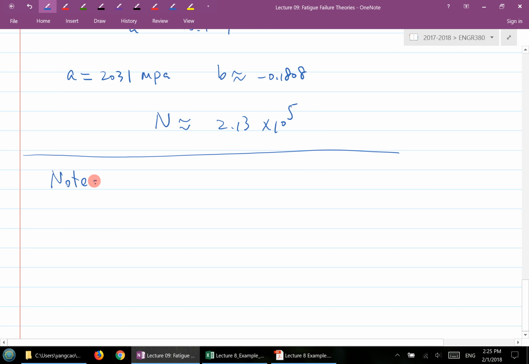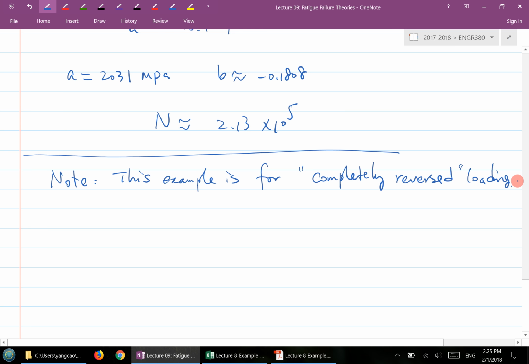this example here is for completely reversed loading. Again, this is for complete reverse loading. So here's a loading condition. If you look at the stress value that is felt by the B location, you have a completely reversed stress with a sigma a.